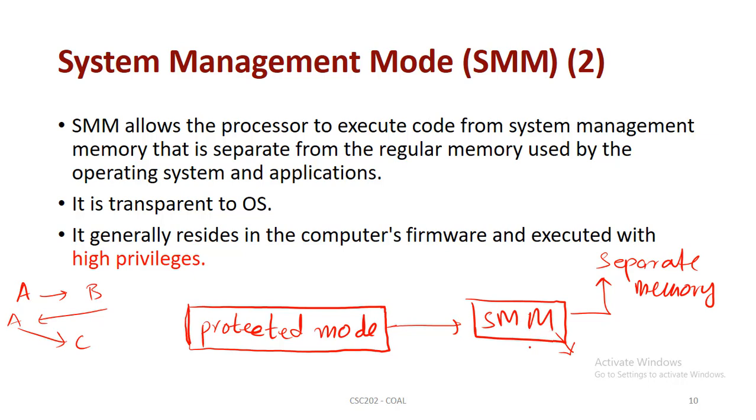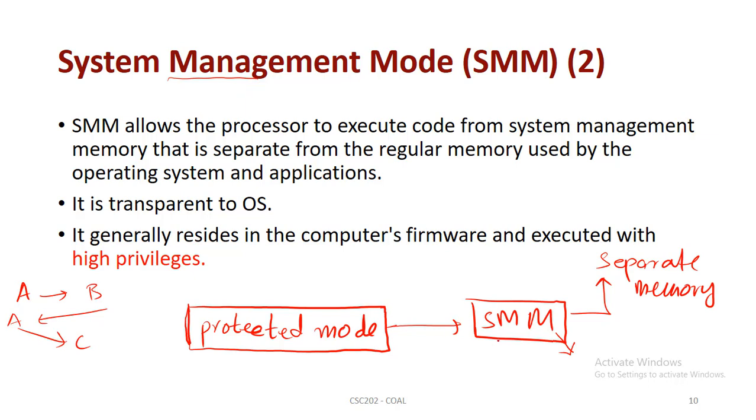The SMM, as we say, is system management mode, used to perform some system specific activities, system specific health checks and monitoring of the microprocessor and some other features, some other hardware.